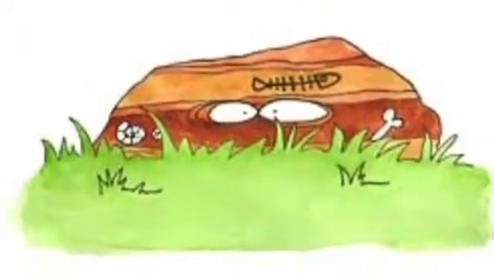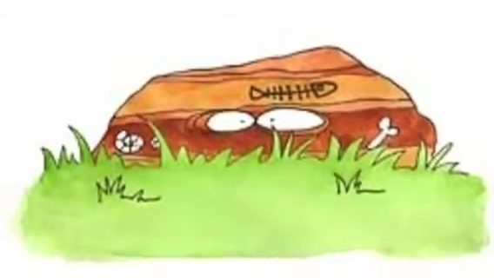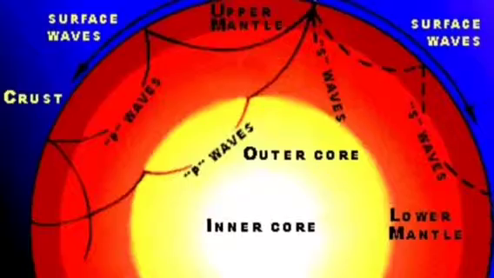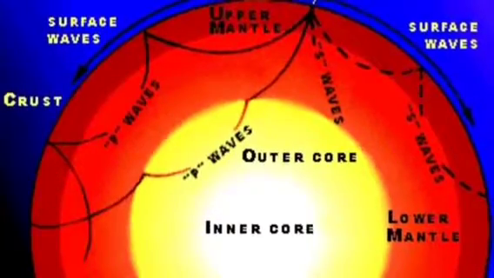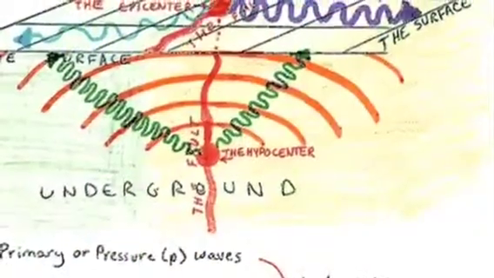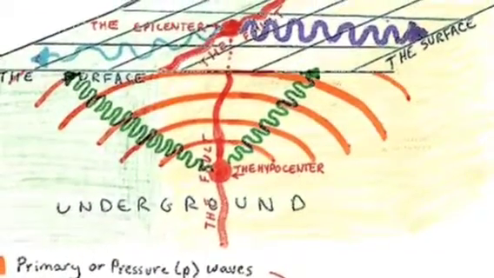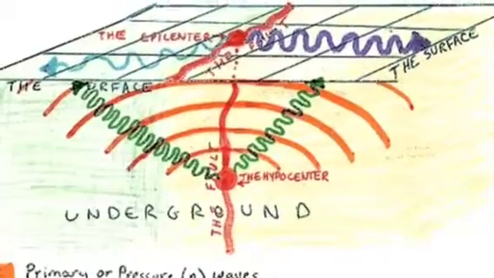In this unit, there are 5 learning objectives. First, describe how energy from the Earth's interior causes changes to Earth's surface. Second, describe how earthquakes and volcanoes transfer energy from Earth's interior to the surface.